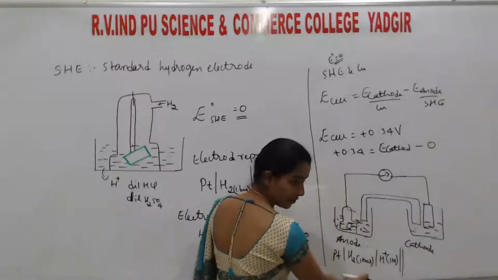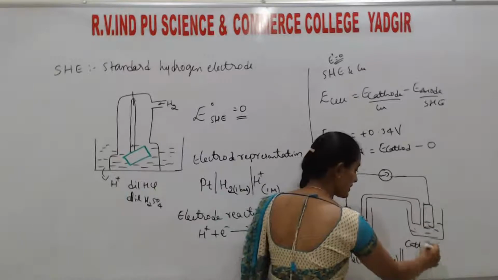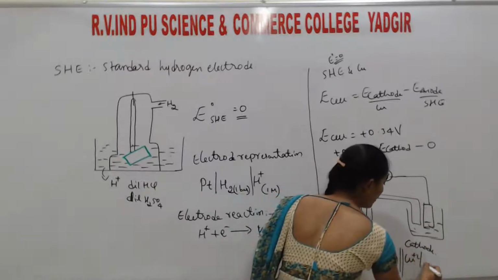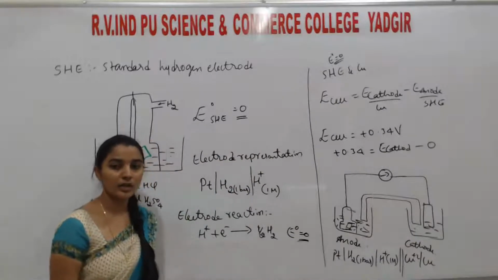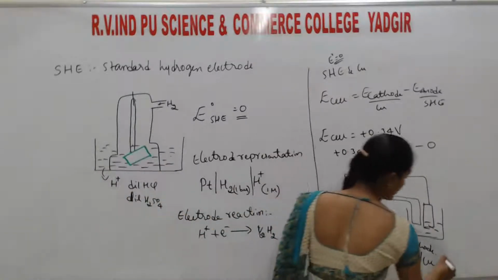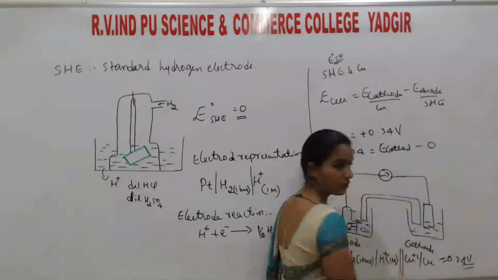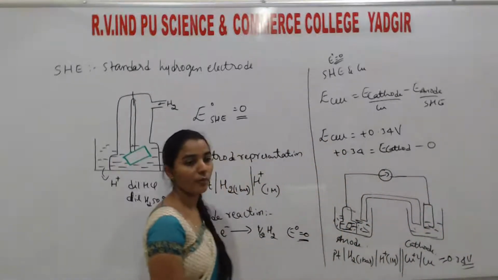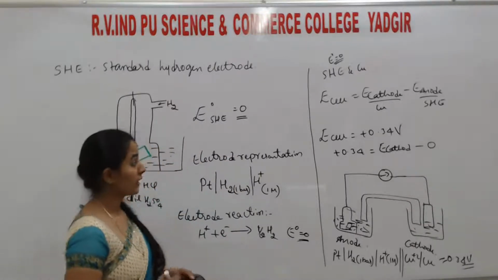This is SHE connected by salt bridge, and this one is the cathode, metal ion bar metal. Okay, so here the EMF of the cell is equal to 0.34 volt, which is equal to the EMF of the copper electrode. Okay, next.